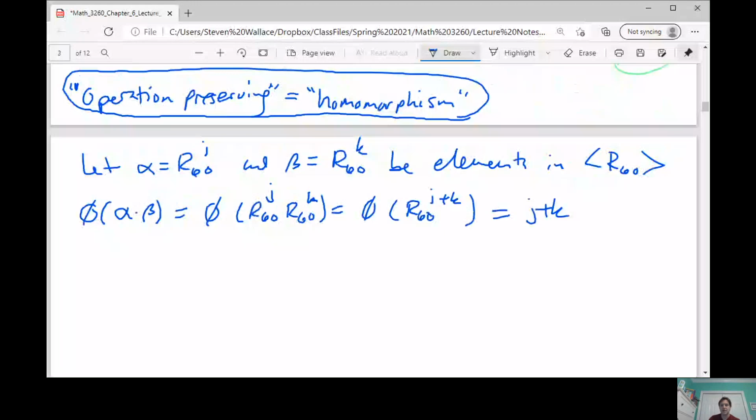And so this is in Z mod 6. But notice phi of alpha plus phi of beta, if you do the operation in Z6, the operation is addition. So this is an additive group here, Z6. It's a multiplicative group, but the operation is preserved.